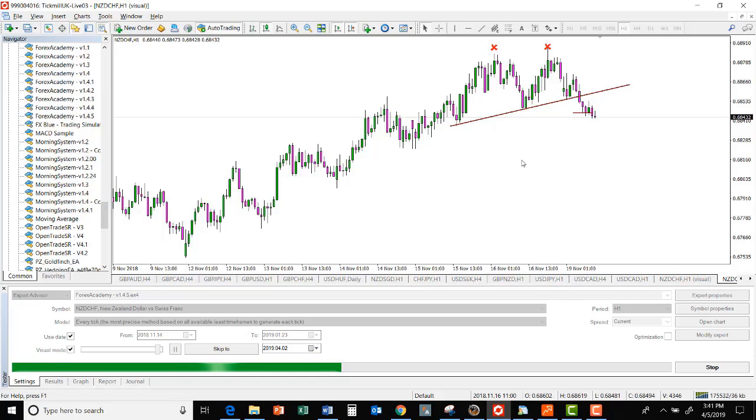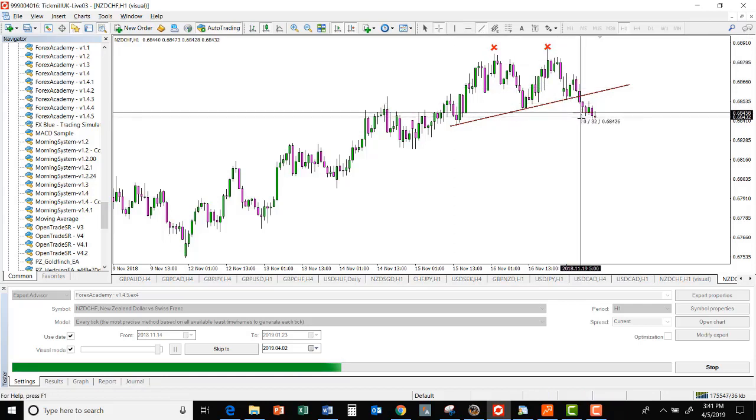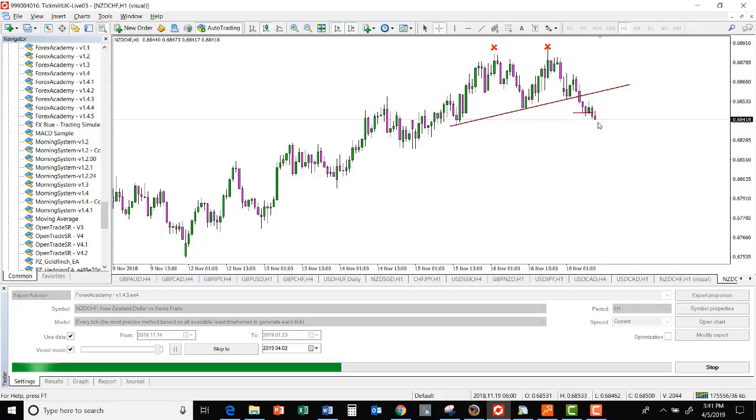More or less where a trade should be opened, I would say, if this is an ADR of less than 100 pips, then the trade should be open around about here. So still a few pips to go before, there it is.